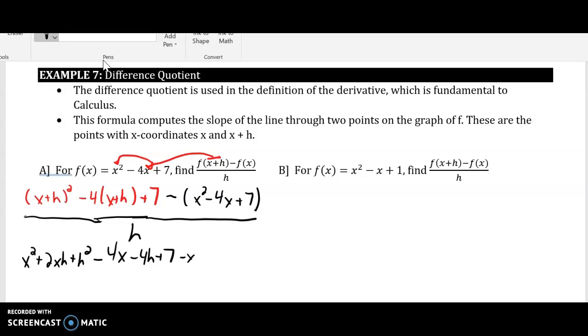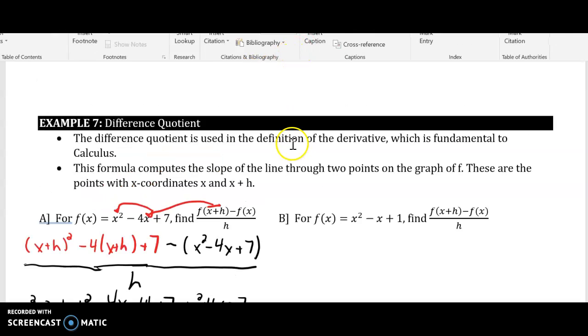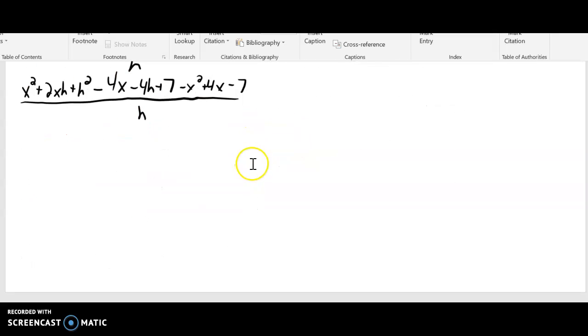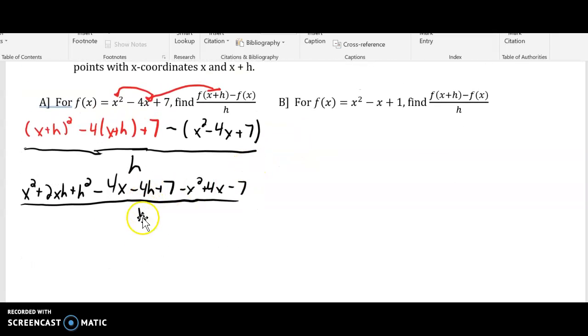Distributing our negative, we got negative x squared plus 4x minus 7. And we still have our h on the bottom. Trying to draw this as straight as possible. There we go. So we got all that stuff. Sorry about that. Just trying to give myself some more space down here to write.